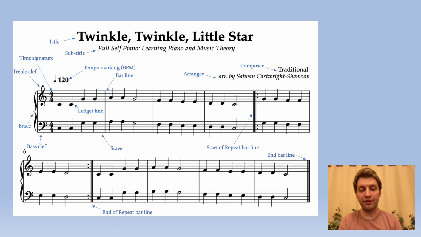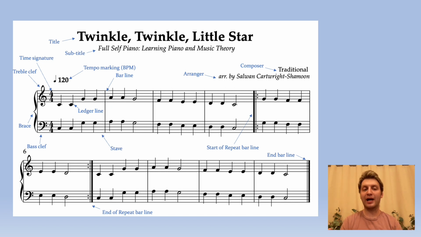We have on the far left hand side a brace, and that's like a squiggly bracket, and that indicates that the 2 lines are for one instrument and are to be played simultaneously. So that differs from, let's say, a singer line, because a singer can only produce 1 note at a time.